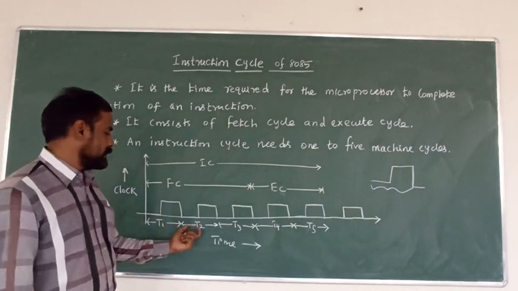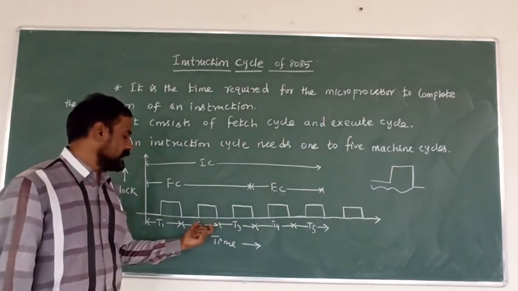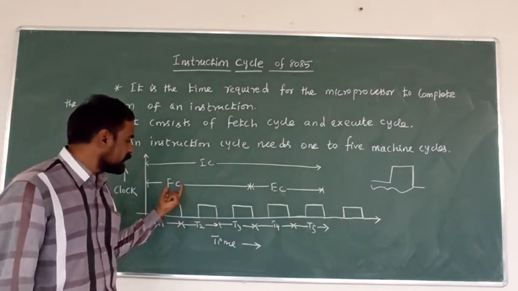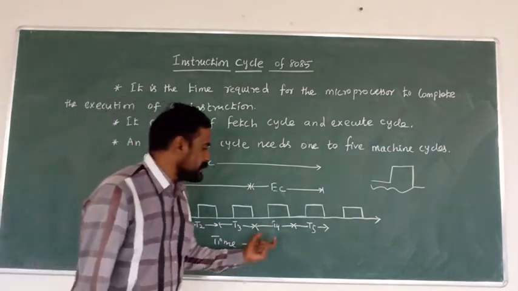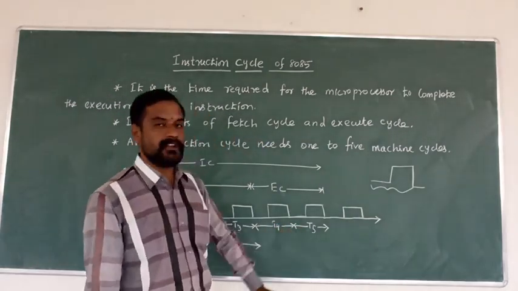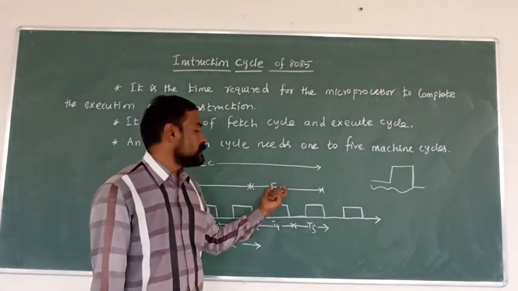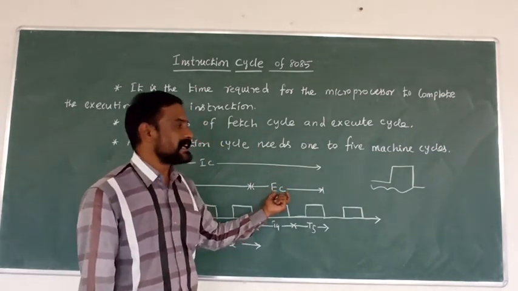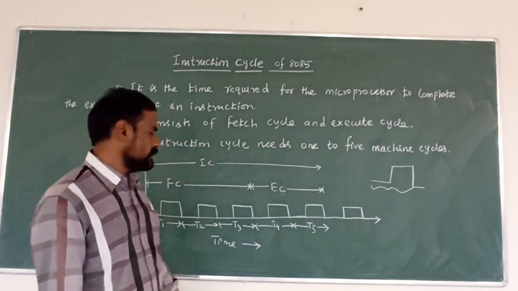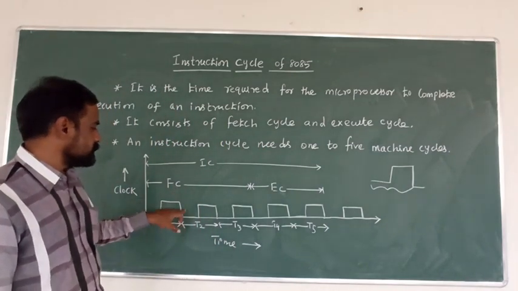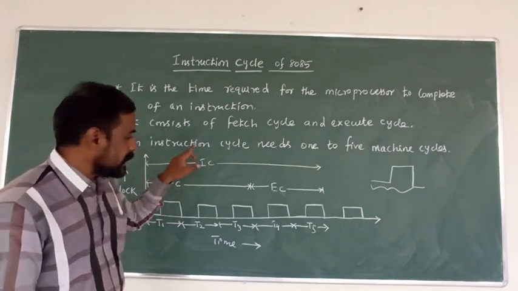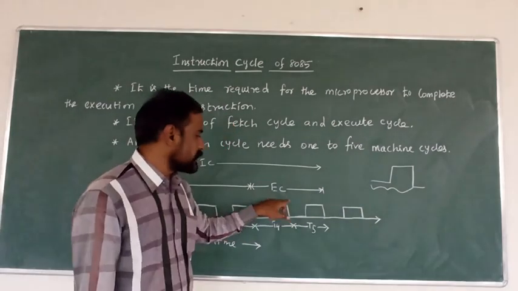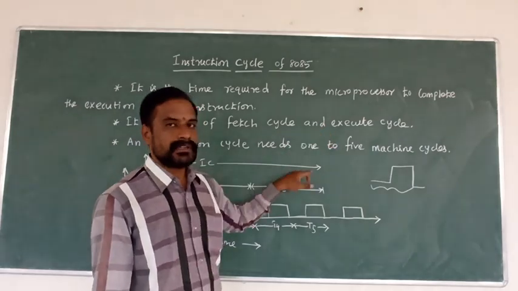Now T1, T2, T3, a total of 3 T states, are required to execute the fetch cycle, and the remaining 2 states, T4 and T5, are required to execute the execute cycle. Okay, 3 T states are required for the fetch cycle and 2 T states for the execute cycle.